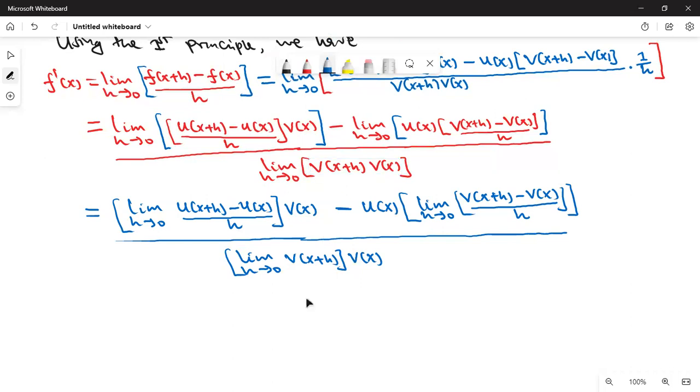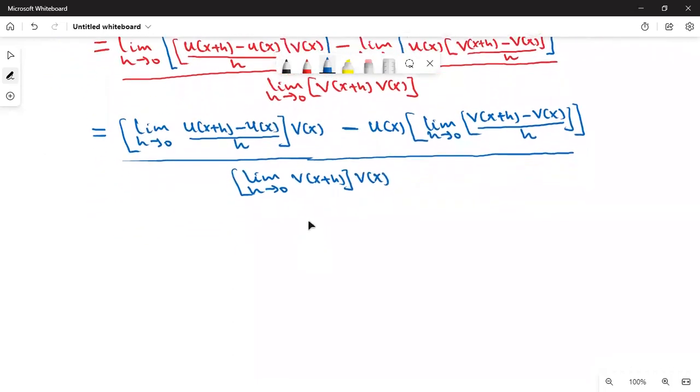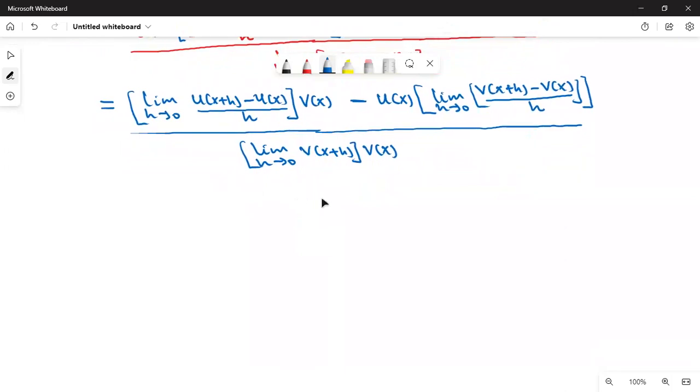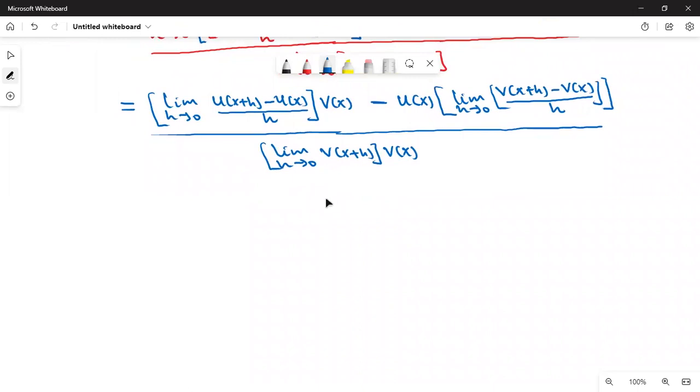So now, what do we mean by limit as h approaches 0 of u of x plus h minus u of x divided by h? From the definition of derivatives, that is the same as u prime of x.